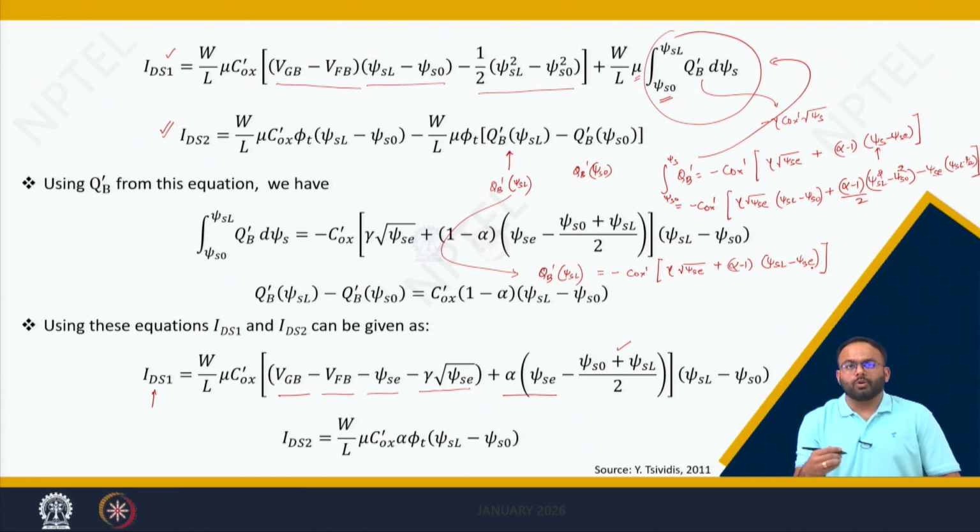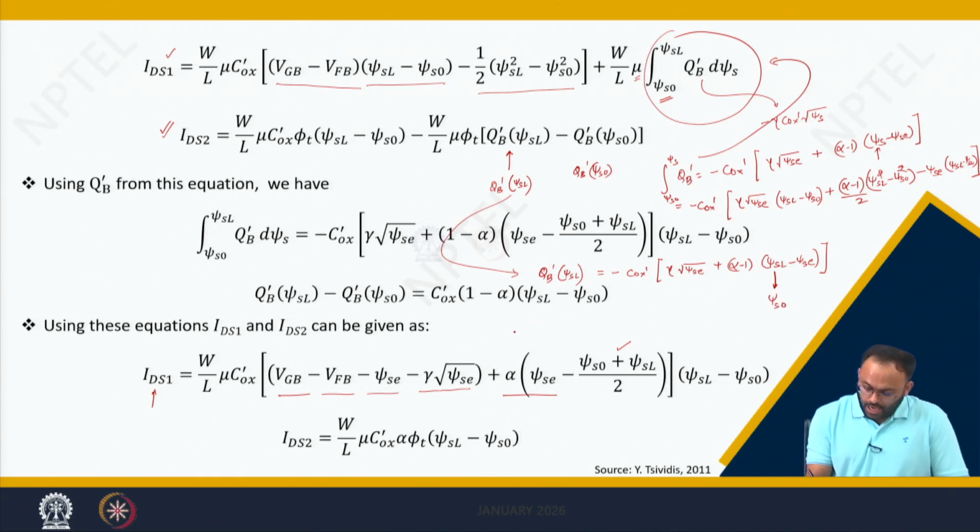Similarly, if I am going to write the QB dash for psi S0, I need to replace this psi SL by psi S0. And if I am interested in this factor, I will just subtract it from this part, which will give me the closed form equation of IDS2.